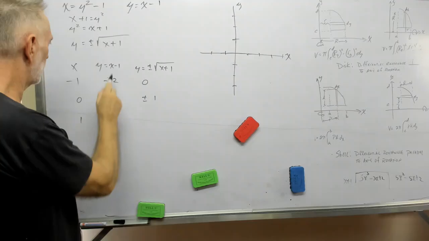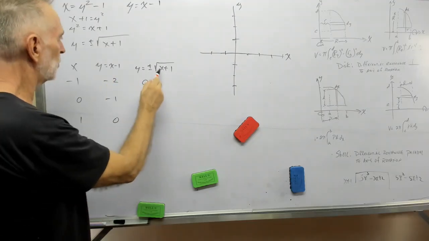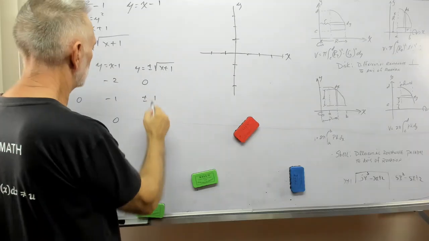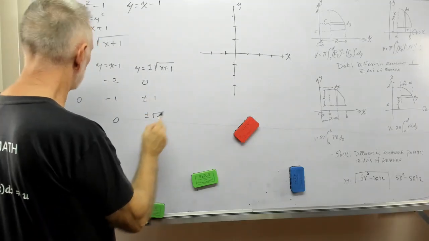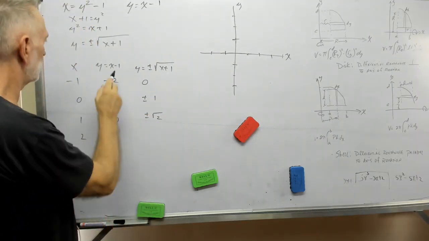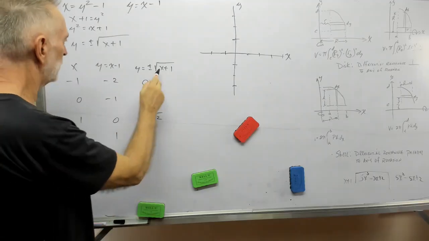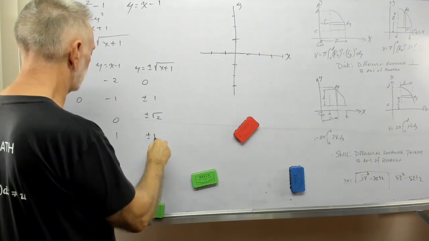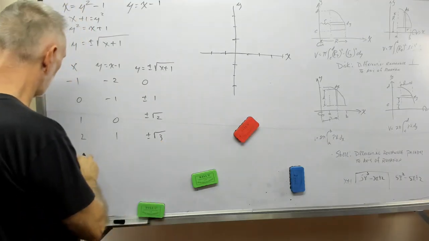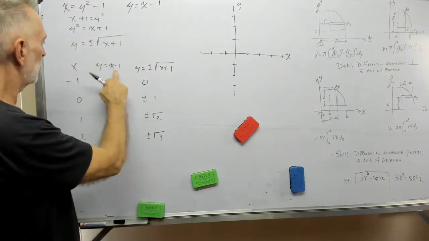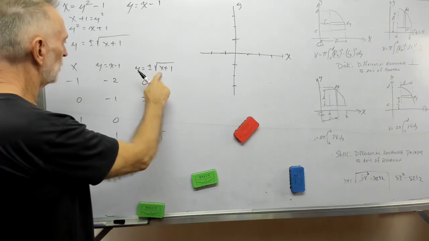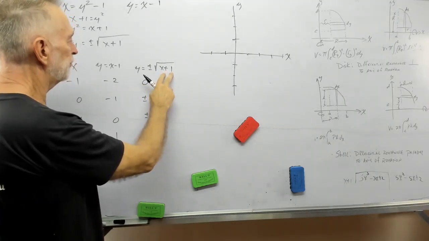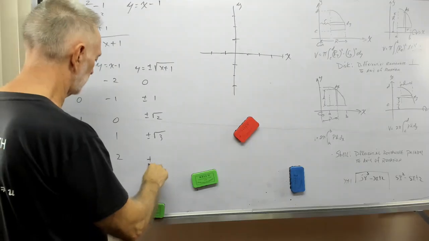So let's go with 1. 1 minus 1 is 0. 1 plus 1 is 2, so now I have plus or minus square root 2. 2 minus 1 is 1. 2 plus 1 is 3, so now I have plus or minus square root 3. 3 minus 1 is 2. 3 plus 1 is 4. The square root of 4 is plus or minus 2.